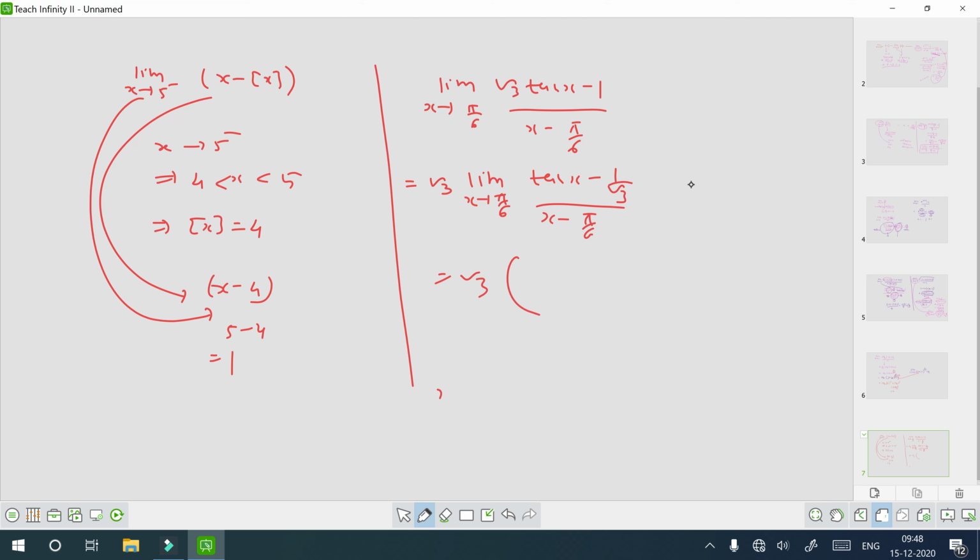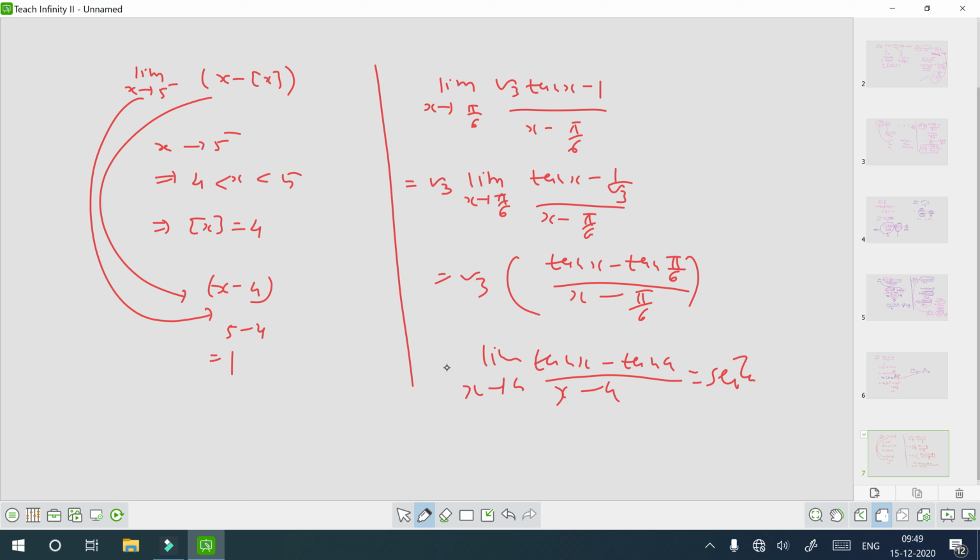Root 3, can I write here tan x minus tan pi by 6, because tan pi by 6 comes out 1 upon root 3, over x minus pi by 6. And what is the limit of this one? tan x minus tan a over x minus a, x tends to a limit, and that is equal to, we know, sec square a. So use this form: root 3 into sec square pi by 6.